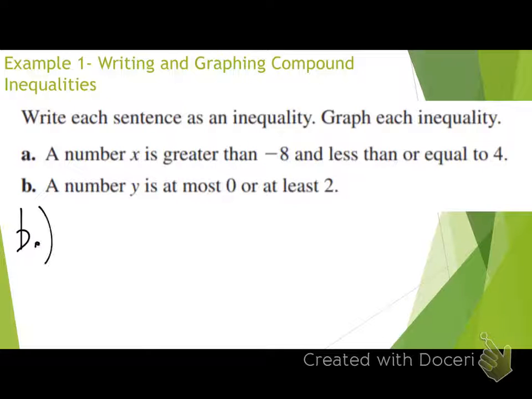Letter B. A number y is at most 0 or at least 2. It's got some of those weird phrases we've seen before. A number y is at most 0 or at least 2. Can someone raise your hand? Help me out besides DeMonte. Yeah. So y, not x.